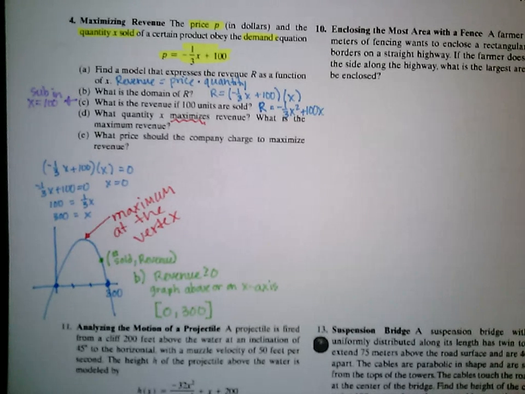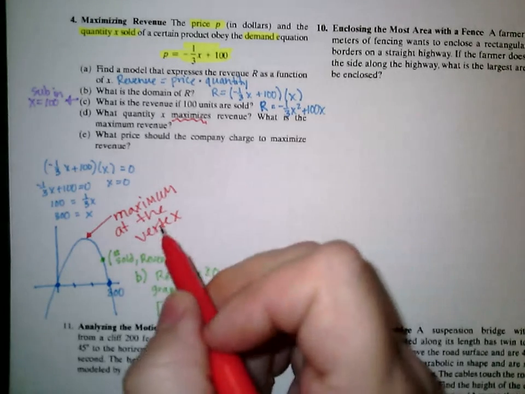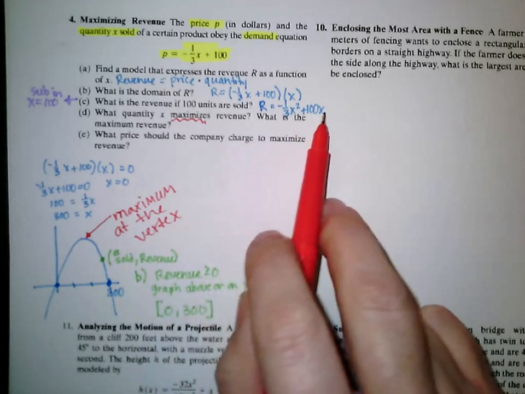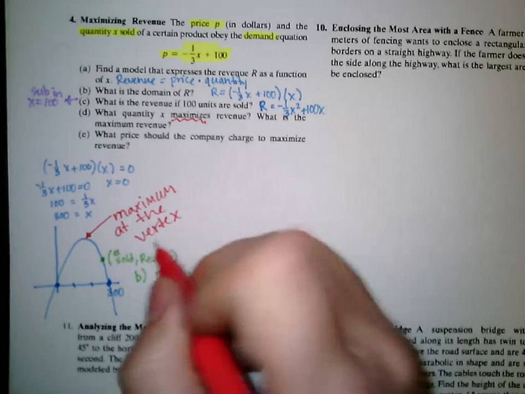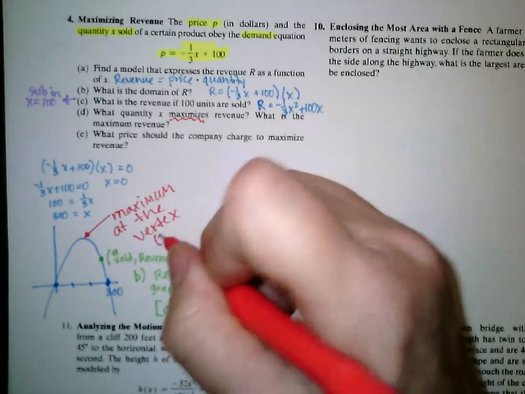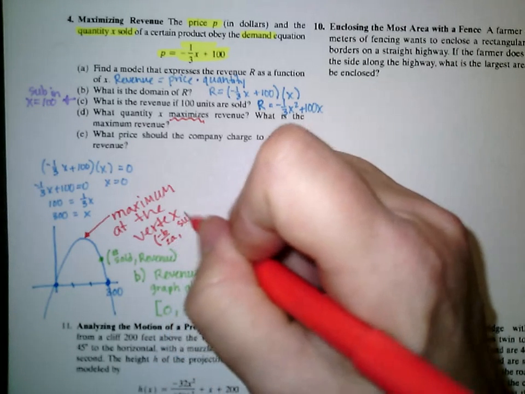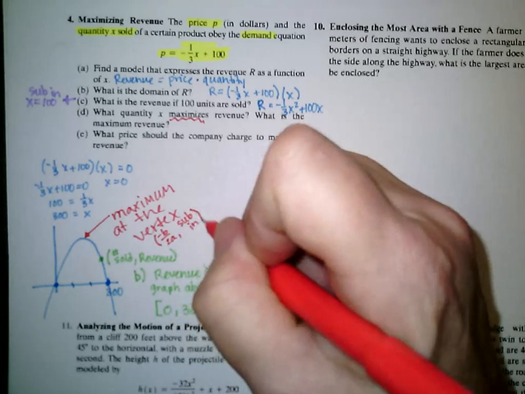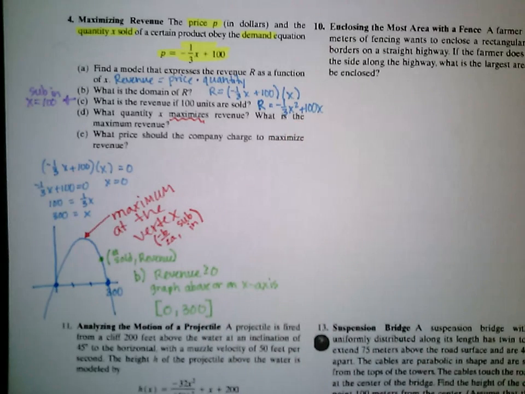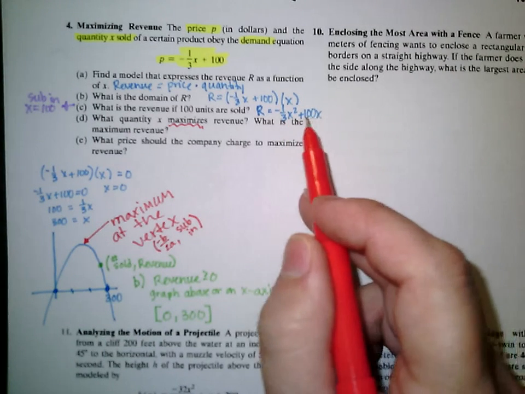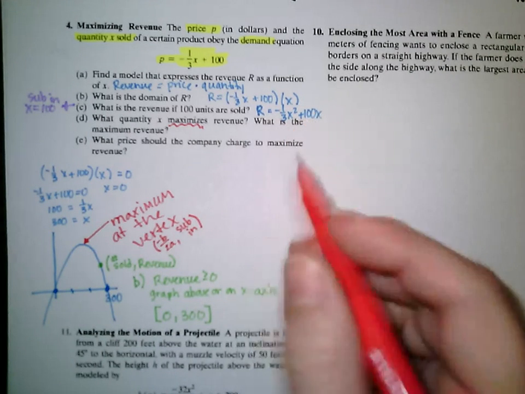And we know how to find that maximum. We practiced it in section 3 with a standard form equation. The vertex is found by doing the opposite of b divided by 2a and then subbing in to get the y-coordinate. So in this case, if we use the opposite of b, that'd be negative 100 over 2 times a.